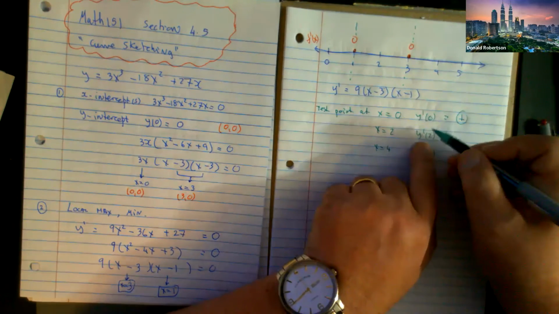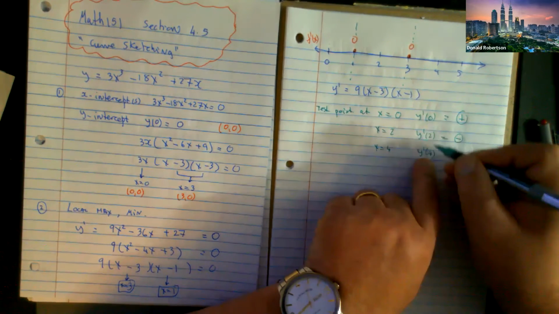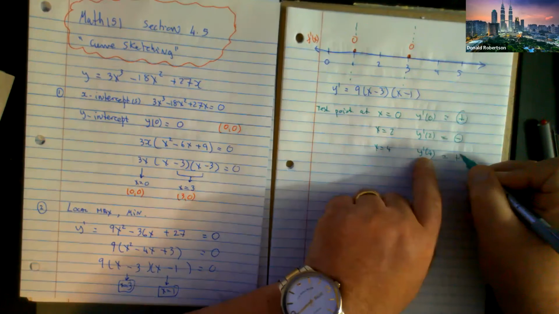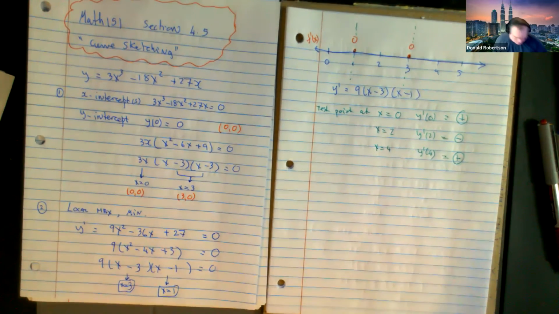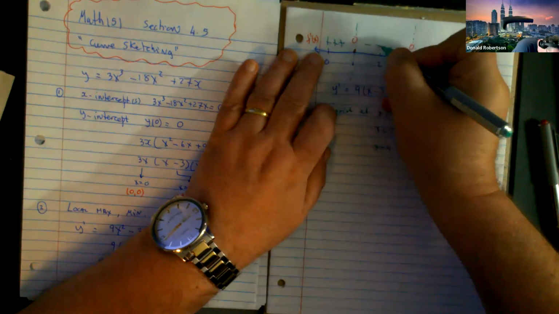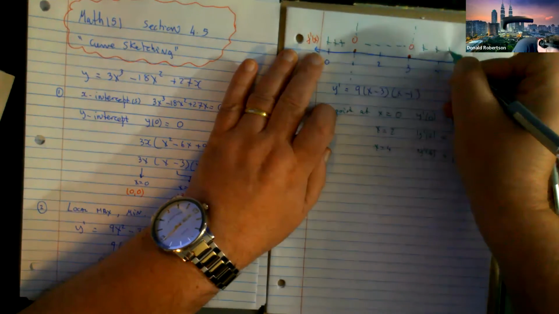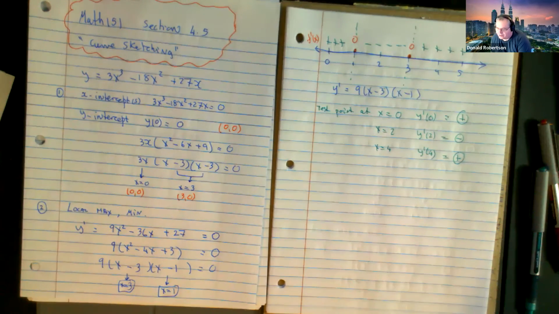At 2, the answer is negative. And at 4, the answer is positive. Can you check that later? But I'm pretty sure I'm right. So that makes this positive, this guy negative, this guy positive. Are we comfortable with the quick version of that table? Because we have done a few of them.